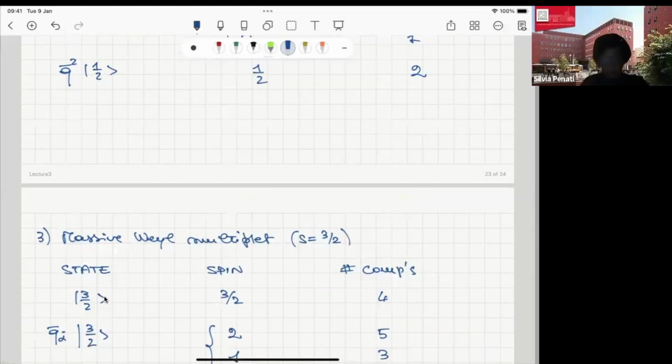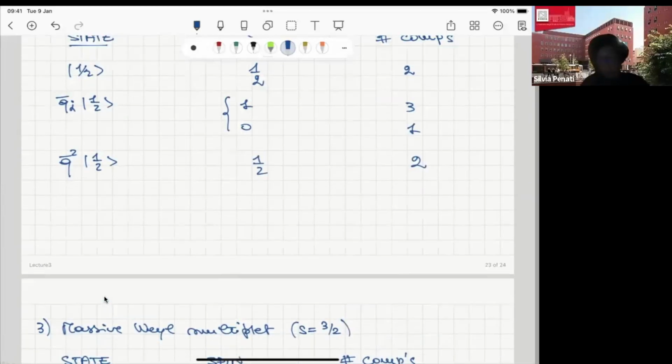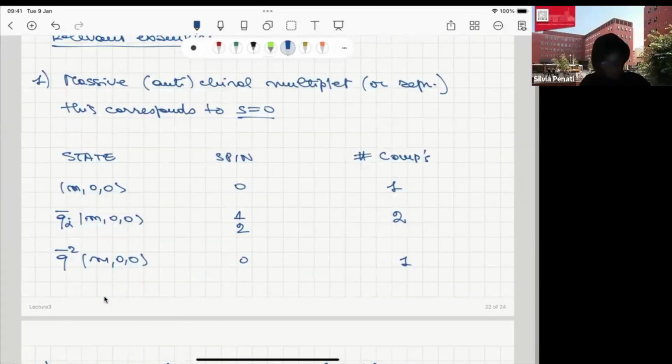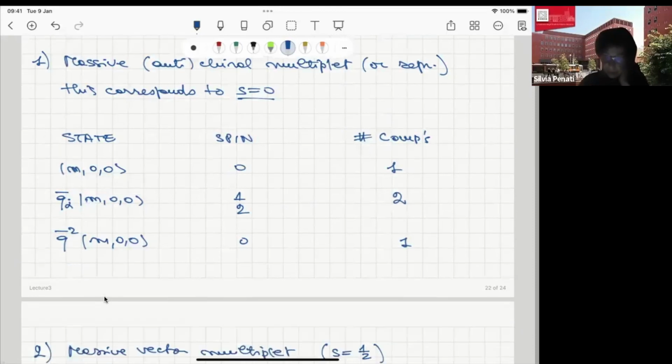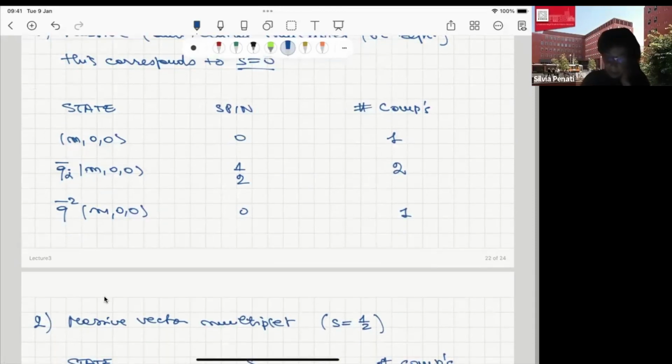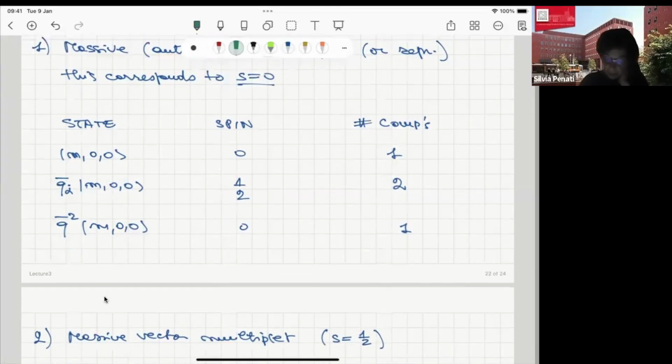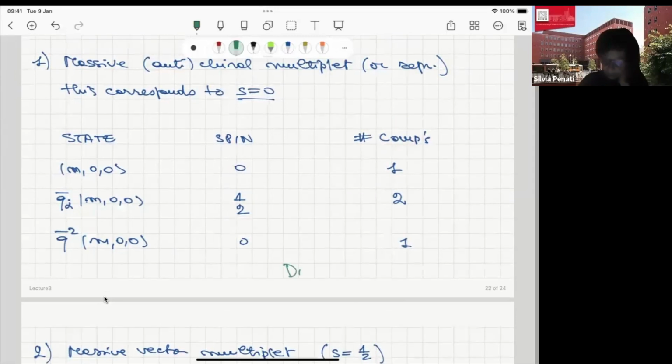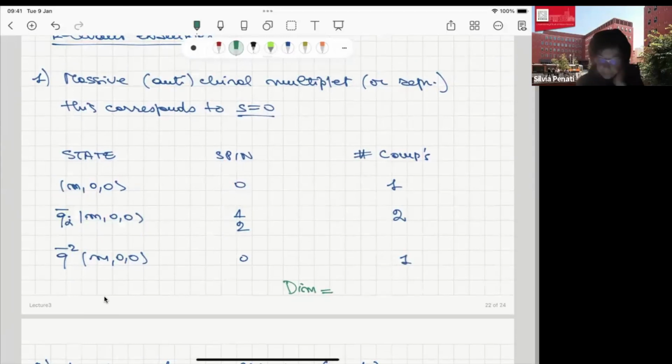Let's first of all compute the dimension. What we call the dimension of the representation is basically the number of components that build up the representation. Let's see what happens if we compute the dimension of this massive chiral multiplet.